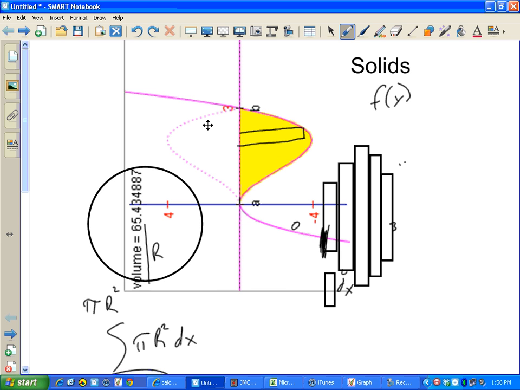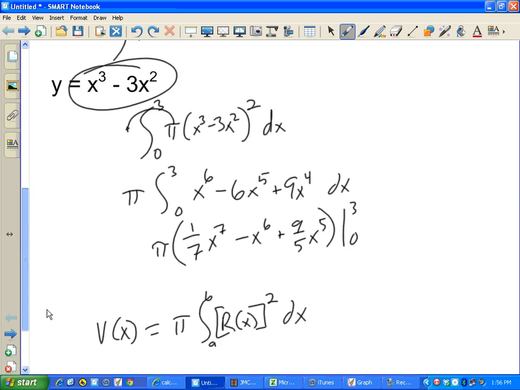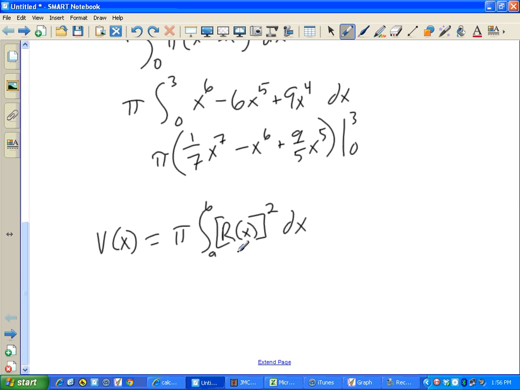Everything else would be basically identical. We'd be rotating this way around the y-axis, and you'd be taking the integral with respect to y instead of x. So this is if you're going around the x-axis.